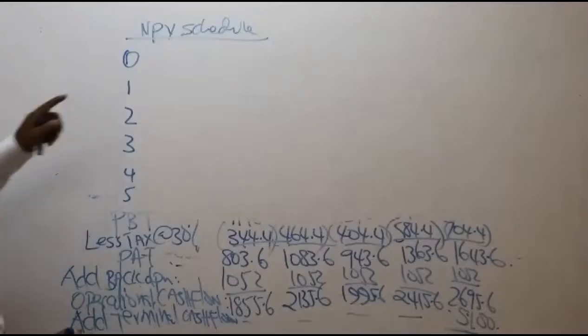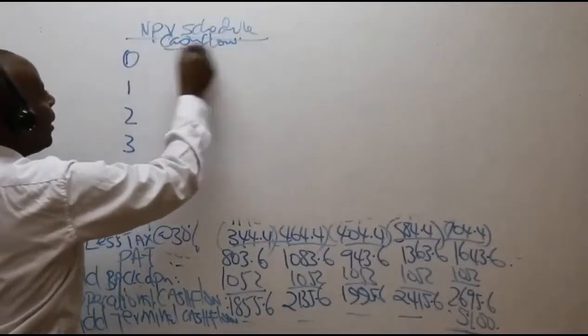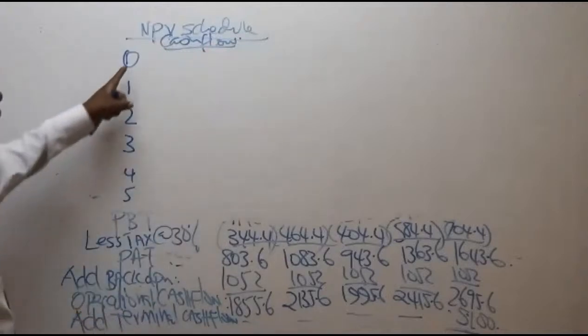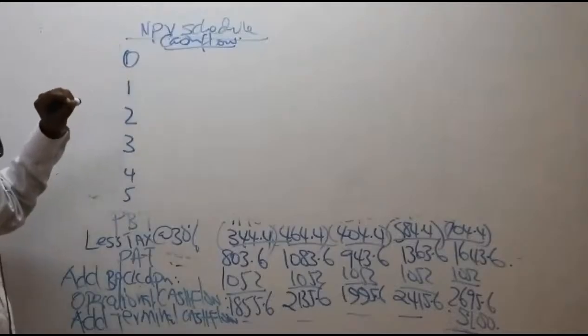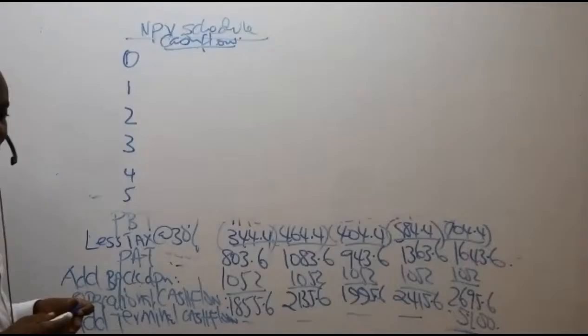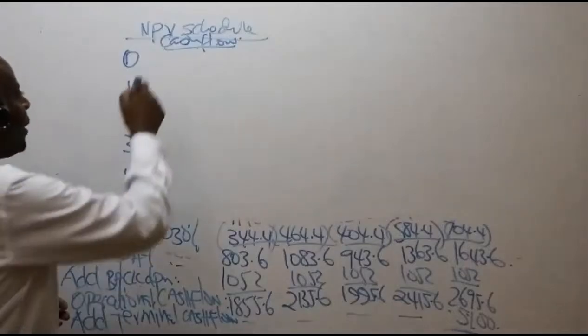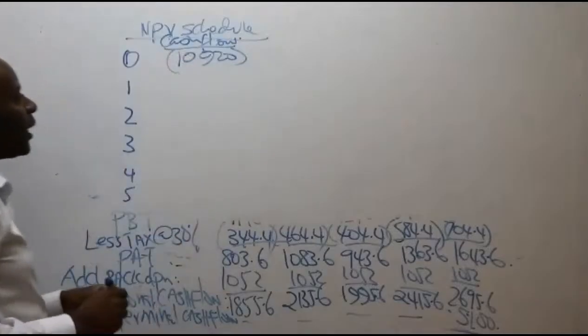So year 0, do we have our initial outlay? Who is able to remember our 10,920? So the 10,920 is an outlay. It has to be put in brackets like that.